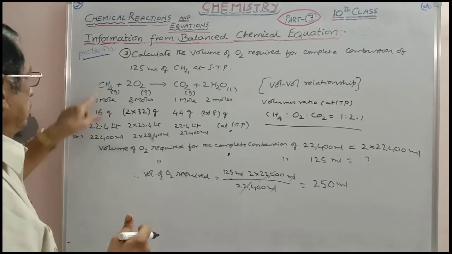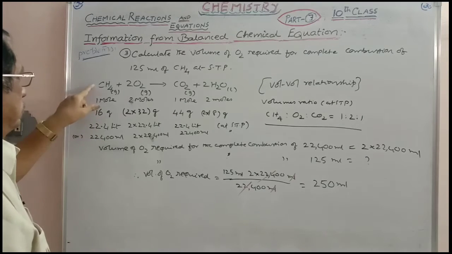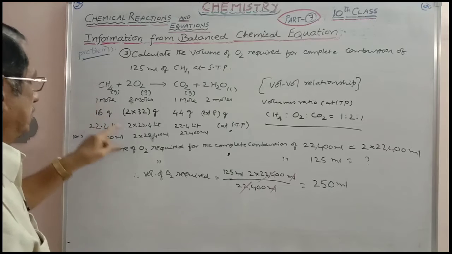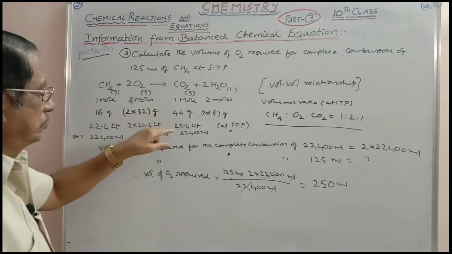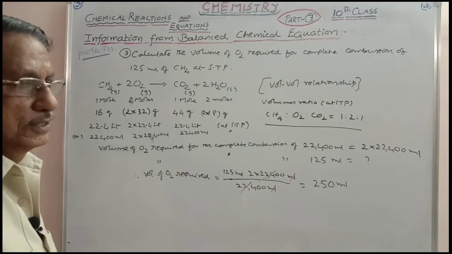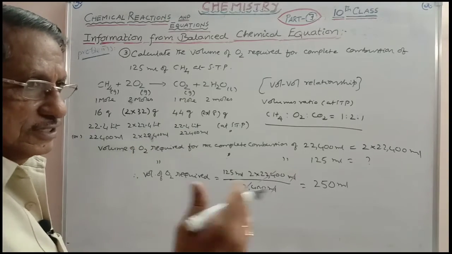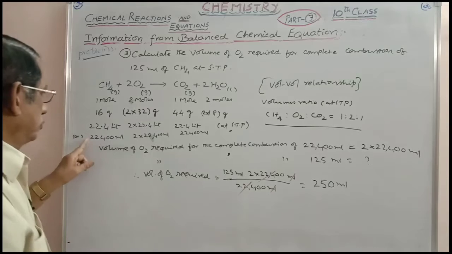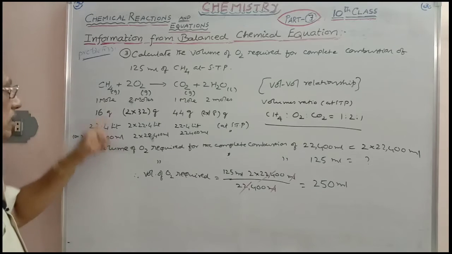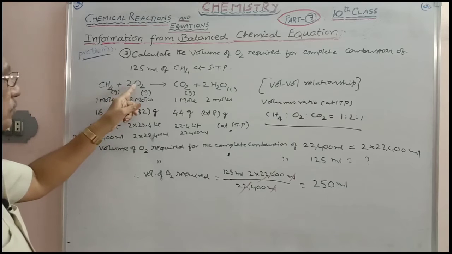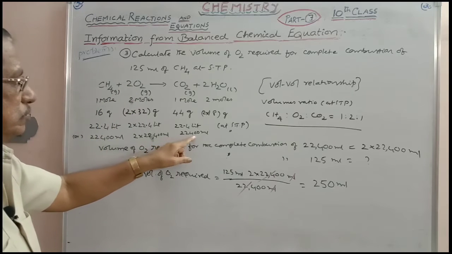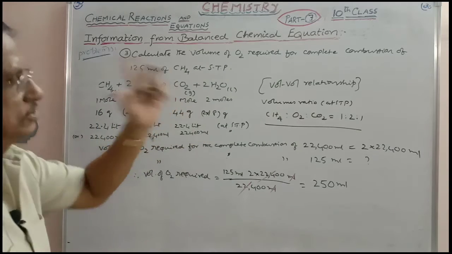So if you express it in volumes, 22.4 liters of methane combines with 2 into 22.4 liters of oxygen to give you 22.4 liters of carbon dioxide. A liter means 1000 ml, so you can also express it in ml. So 22,400 ml of methane combines with 2 into 22,400 ml of O2 to give you 22,400 ml of CO2.